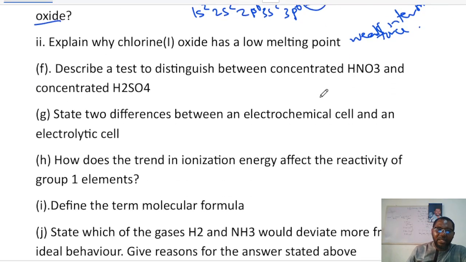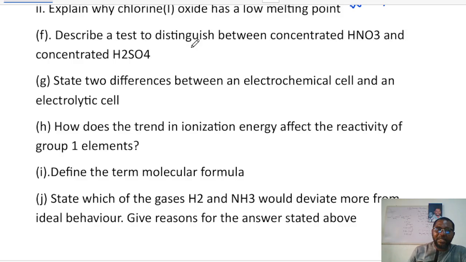Okay. Now the next one says describe a test to distinguish between concentrated HNO3 and concentrated H2SO4. Now there are many tests that can be used to distinguish them.